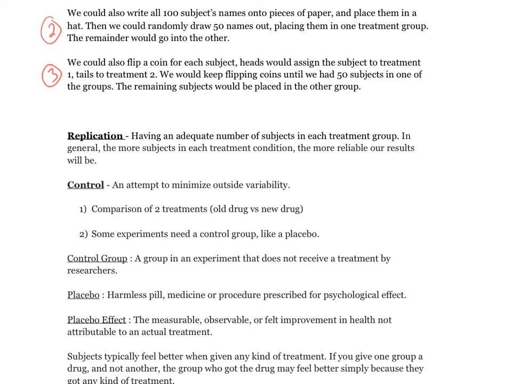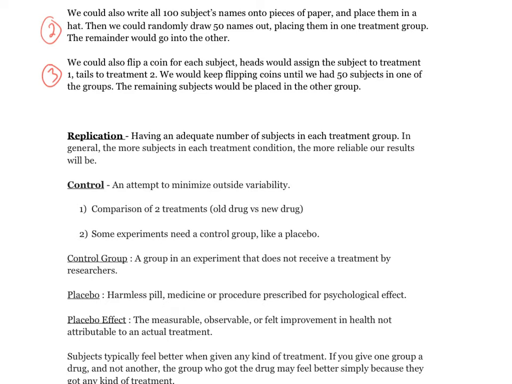So usually you'd want to get as many subjects as possible. You may be limited by budget or availability of subjects, but you want to shoot for as many as possible.